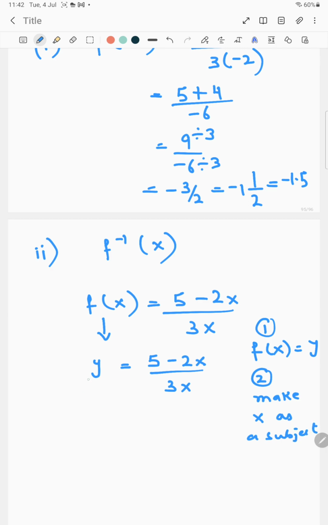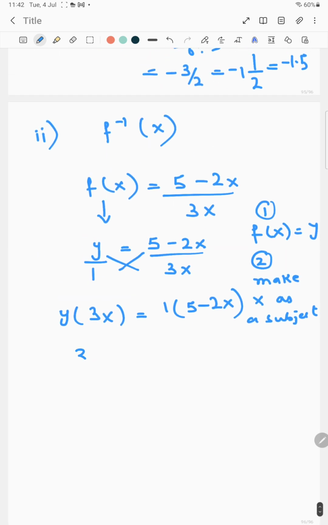So see, we don't have anything in the denominator, so it is 1. After this, we will do the cross multiplication. y times 3x is equal to 1 times 5 minus 2x. So this will be 3xy is equal to 5 minus 2x.